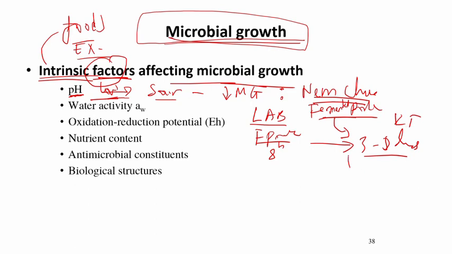But if you put it in the fridge, it can be 2 months and still okay, safe and good to eat. So by lowering the pH, we actually extend the shelf life a lot because this intrinsic factor influences microbial growth a lot. The lower the pH, the lower the microbial growth.